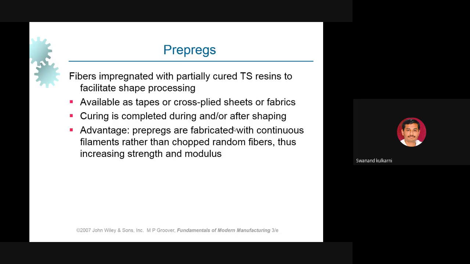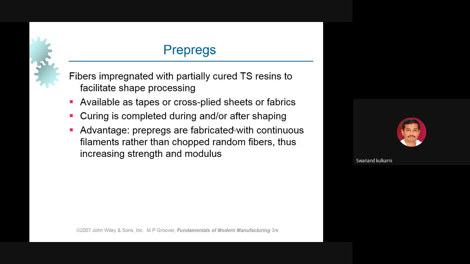During the basic discussion, we have used the word prepregs. And prepregs, we know, means pre-impregnated. That means when reinforcement is already impregnated inside the matrix material, then that is considered to be prepregs. Fibers are impregnated with partially cured resins to facilitate shaping for processing.